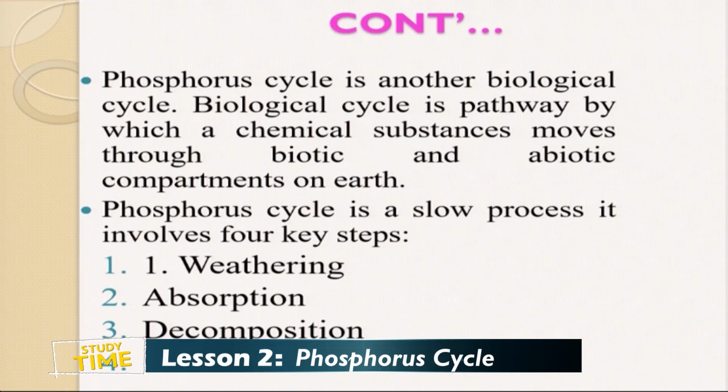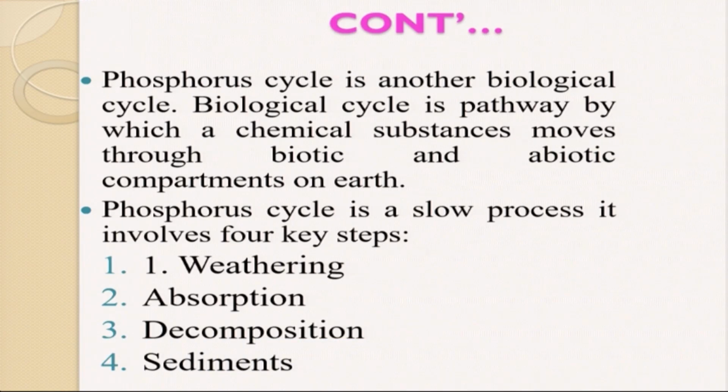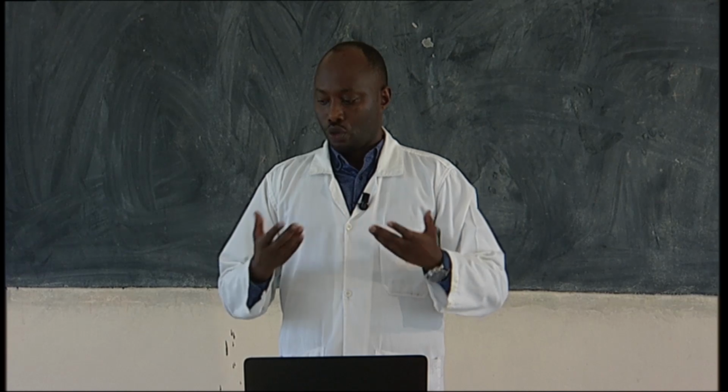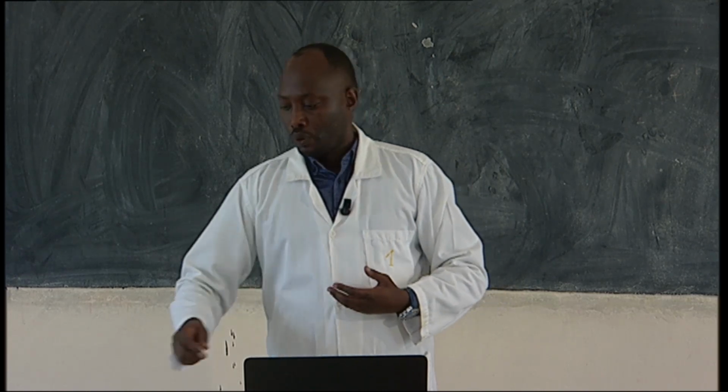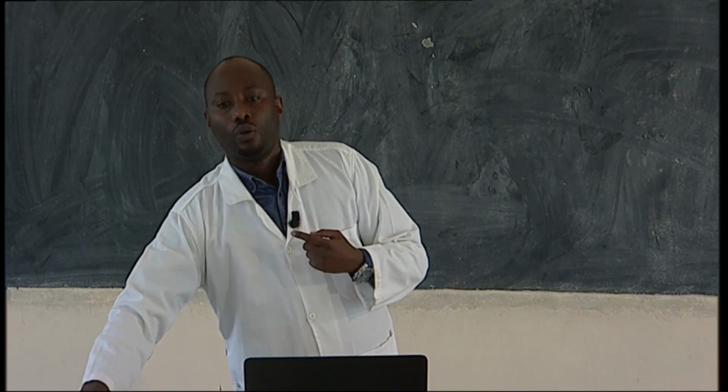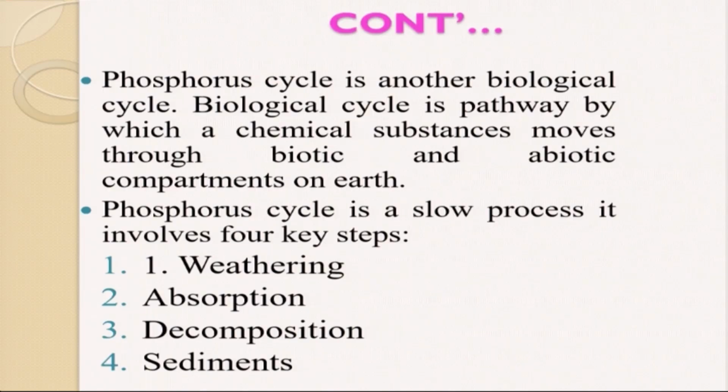What are those key steps that we are going to discuss before we talk about the diagrams? Think about the processes involved in the phosphorus cycle. Number 1 is weathering. What is weathering?